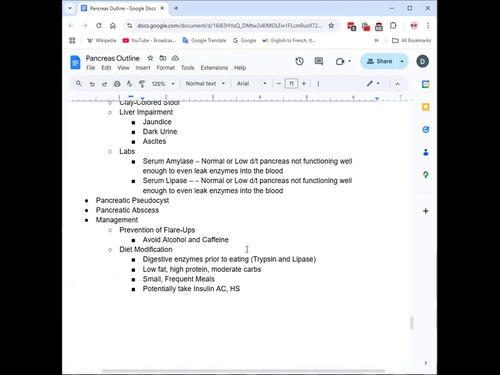There's also things like you want to use PPIs, but he does specify that with the enzyme replacement, the H2 blockers or antacids, as well as alkaline foods might cause premature activation of the enzyme.